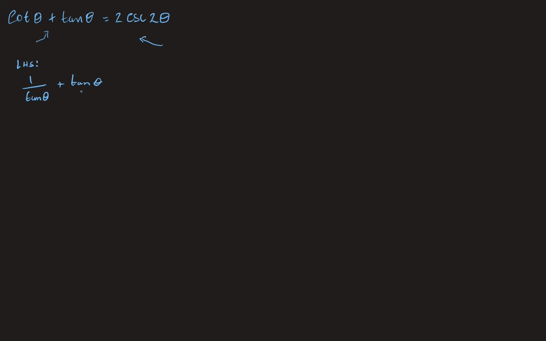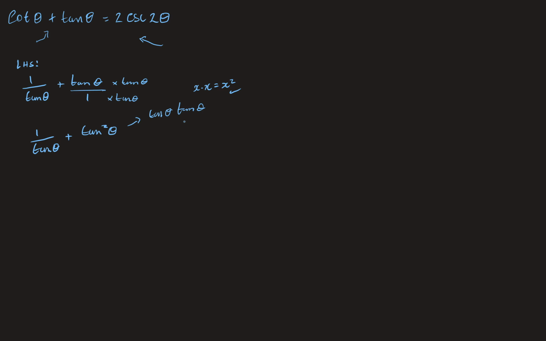First, we get the same base. This can also be written as tan over 1. So to get the same base, we multiply by tan theta on both the numerator and the denominator. In that case, we get 1 over tan theta plus tan squared theta, because remember, if I told you it was x times x, you would say it's x squared.